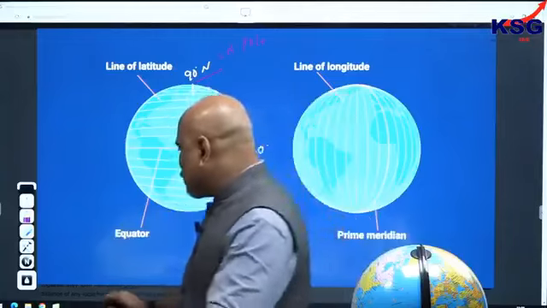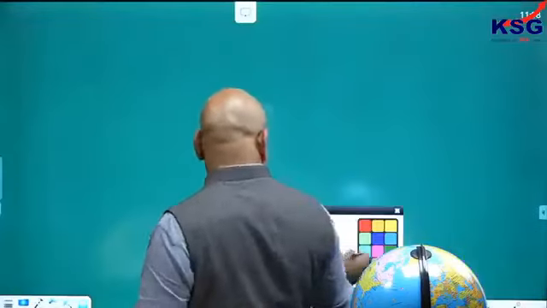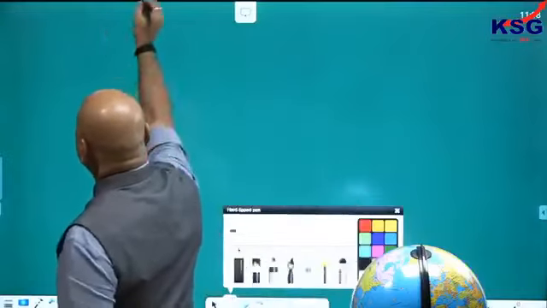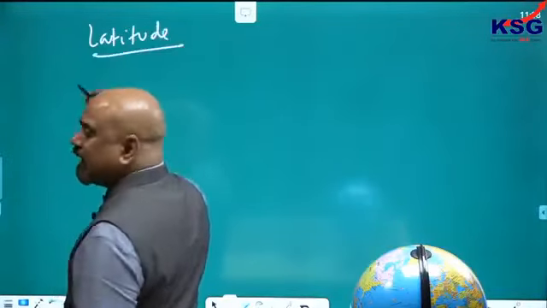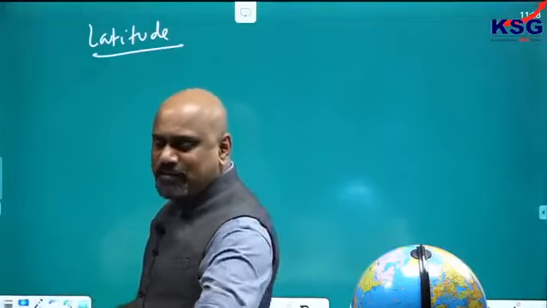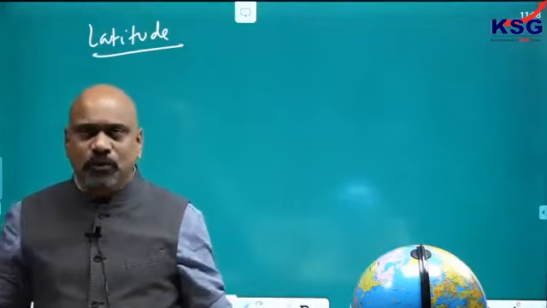Okay, so let us note down a few points about this. Properties of latitude. Latitude, as I said in the last session, is the angular distance from the center of the earth towards north or south of the equatorial plane.